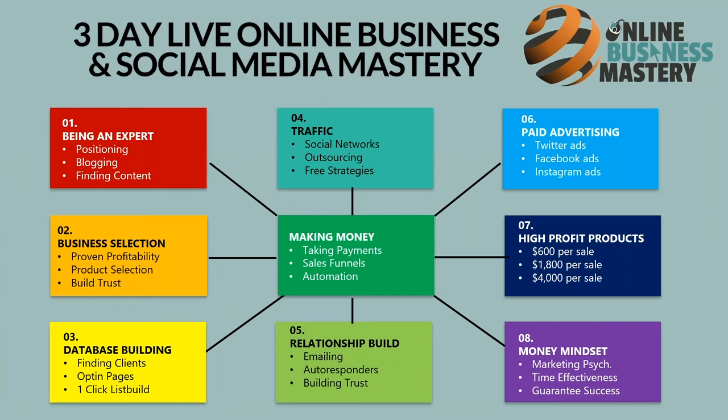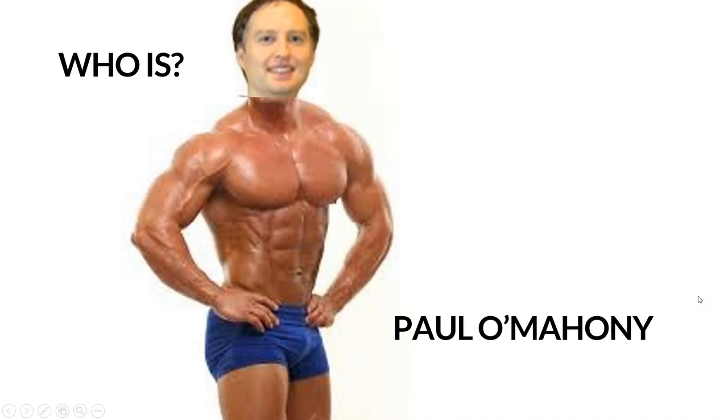From becoming an expert, even when you're not one, to the right niche to be in, to building your list, to the different traffic strategies, to building a relationship with people who trust you and love working with you over time, and how you can then start making up to $4,000 with a single sale with something called high profit products. And we talk about mindset and psychology a lot, which is critical to your success also.